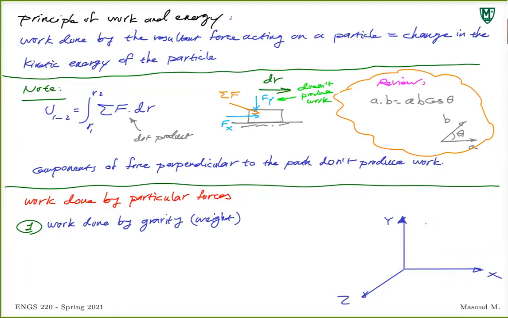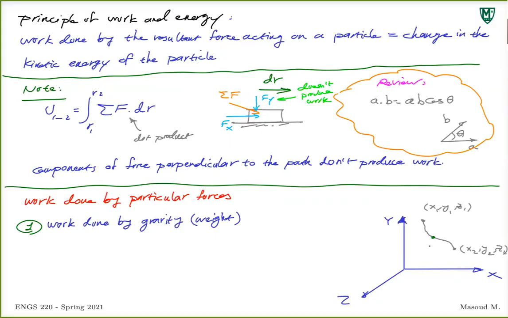Let's say we have a path going from 1 to 2, where the particle or the mass we're following goes from point 1, represented by x1, y1, z1, to x2, y2, z2, following that path.